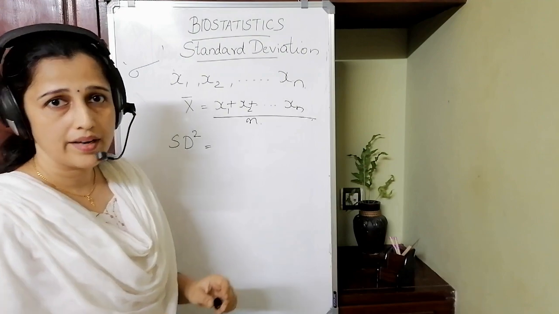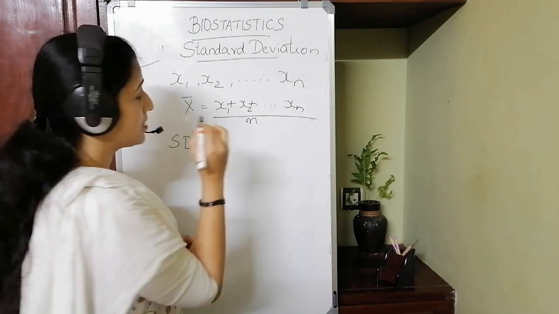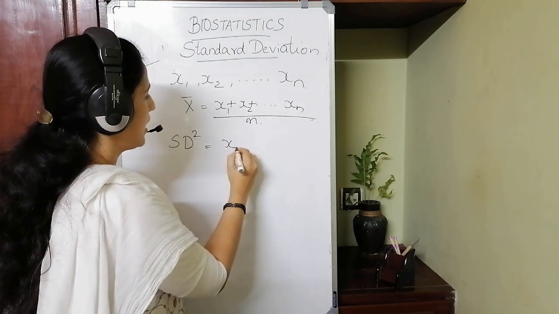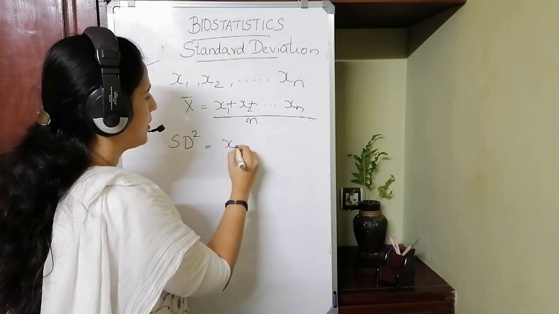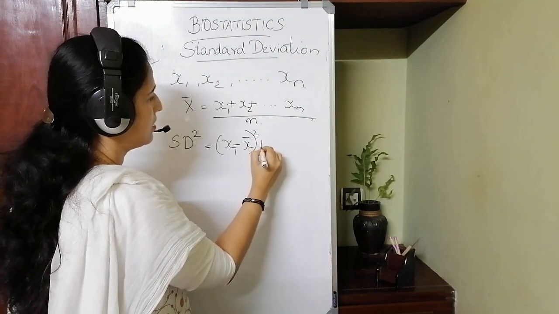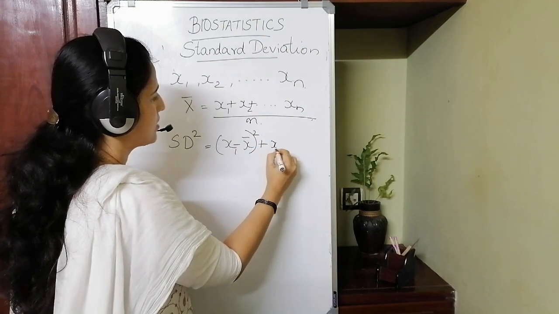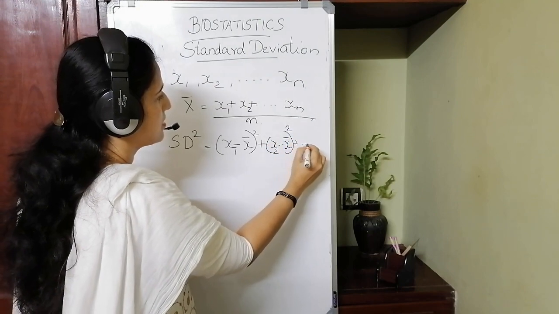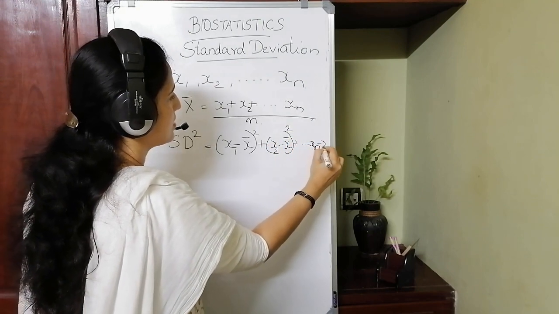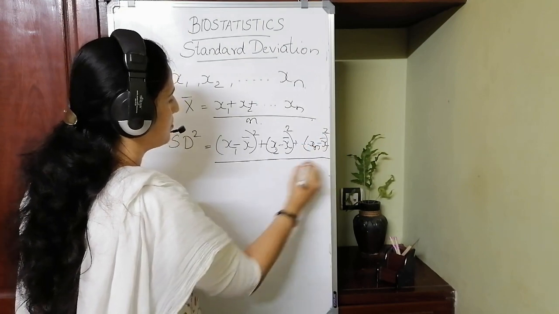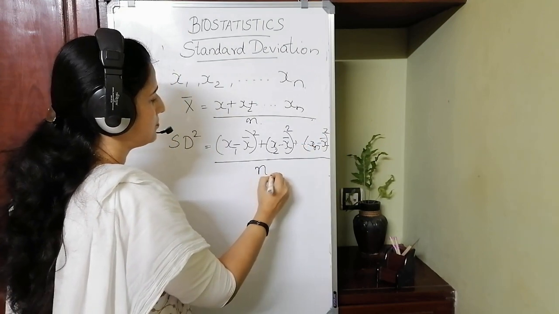Standard deviation square is equal to the sum of the squares of deviations, that is x1 minus x bar whole square plus x2 minus x bar square plus till xn minus x bar square, whole divided by n.